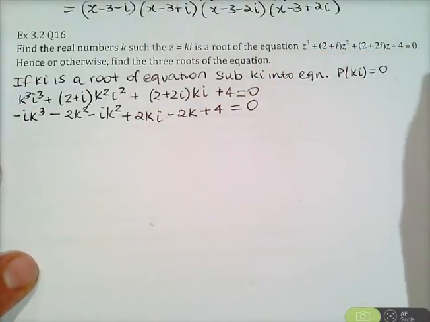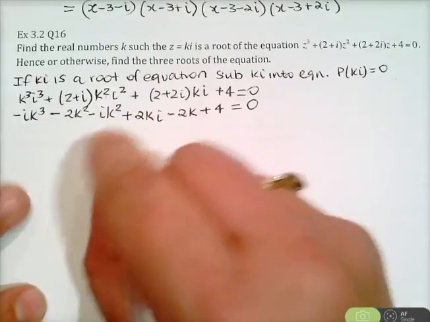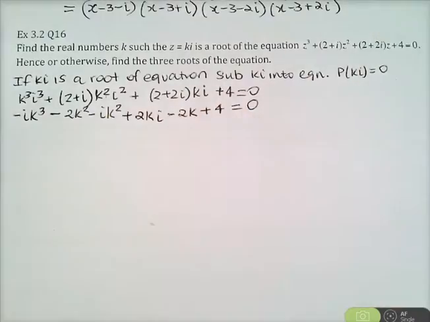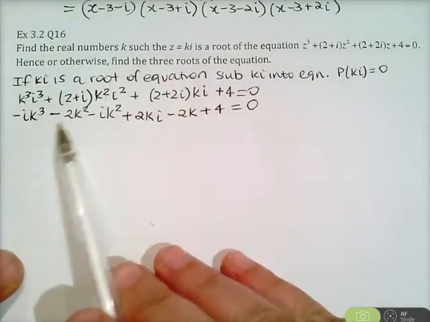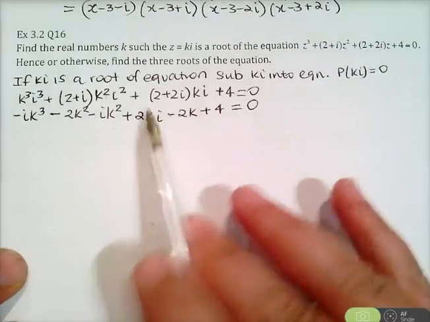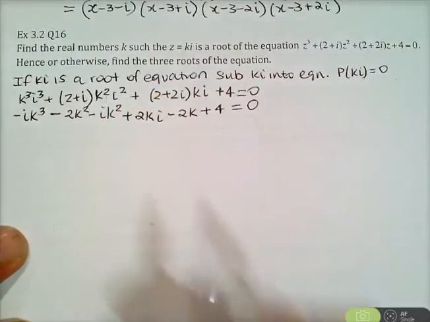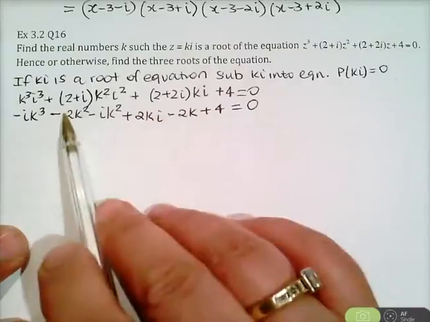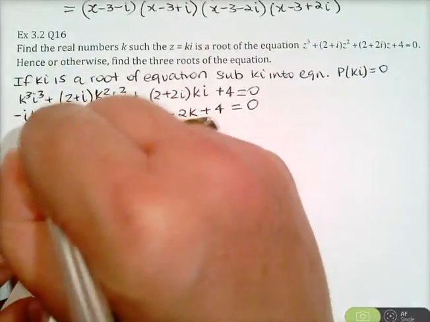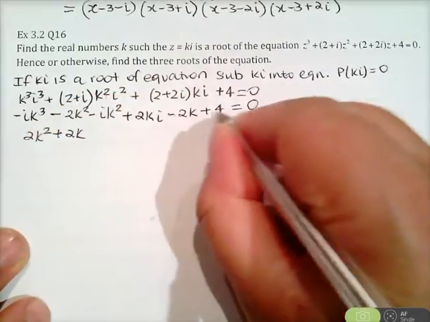And just seeing if we can get these in some sort of order. Actually, I think we should group the real and the complex bits together. We've got a lot of negatives here, so let's take things over to the other side. So we've got positive 2k squared, then plus 2k minus 4.